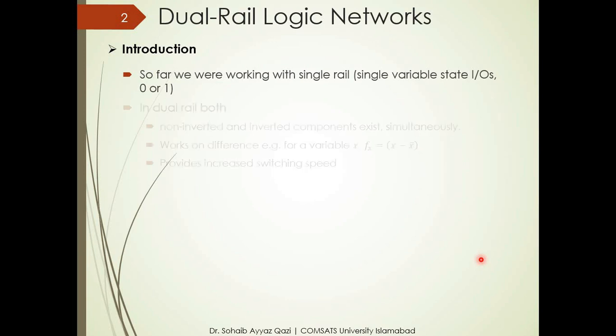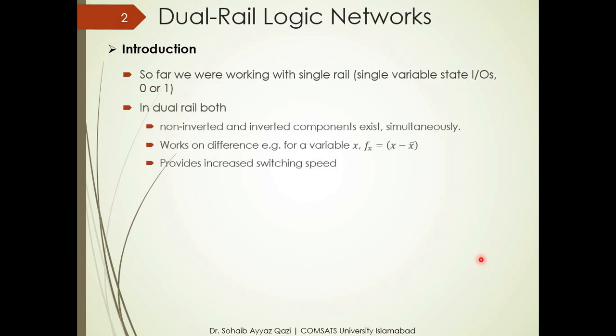In our dual rail logic networks, we have non-inverted and inverted components existing simultaneously. Like we have two different outputs, for example, a NAND gate and a NOR gate. Similarly, we have multiple inputs, where one is our straight input and the other is our inverted input. For example, we have these two variables x and x bar.